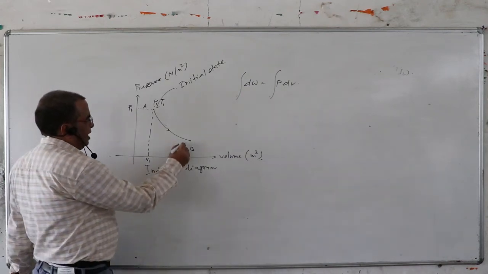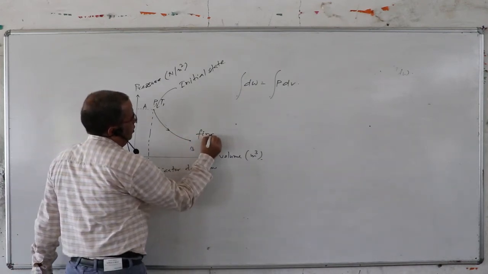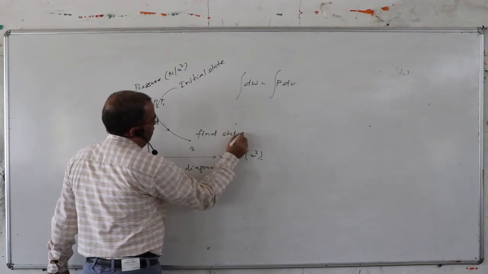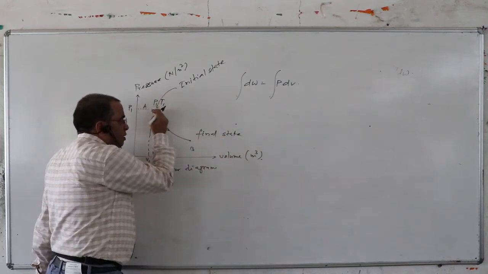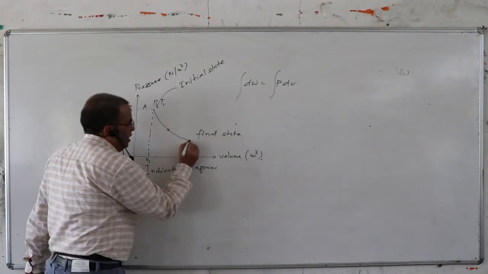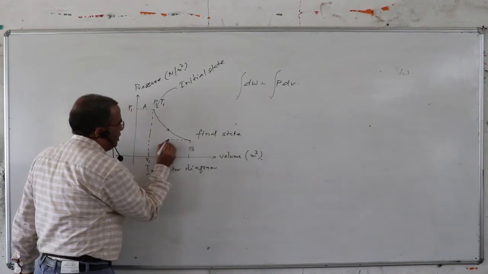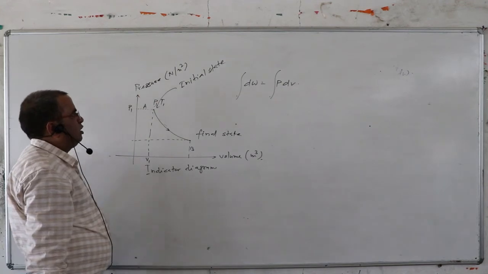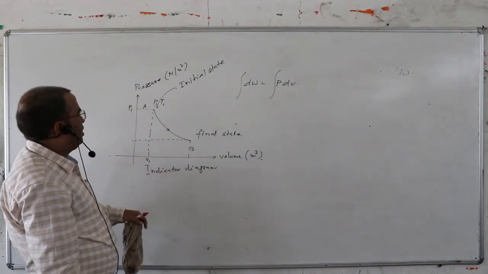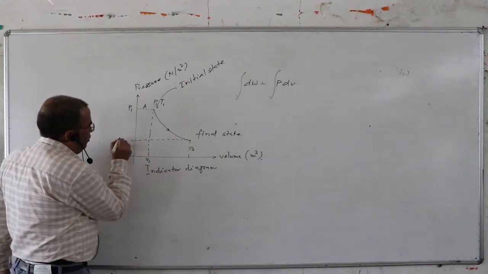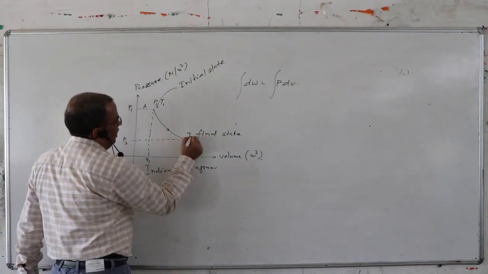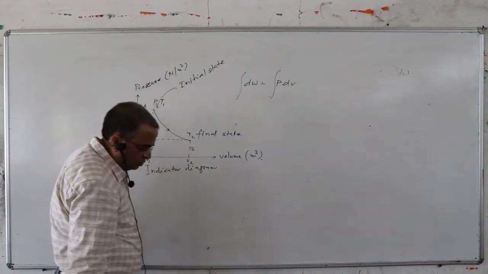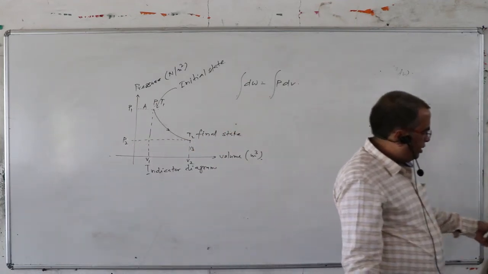And the second one is the final state. The gas is taken through this path from A to B, and at B there is a new set of values for the thermodynamic variables. Pressure is P2, volume is V2, and temperature is say T2. Right? Here is the situation.